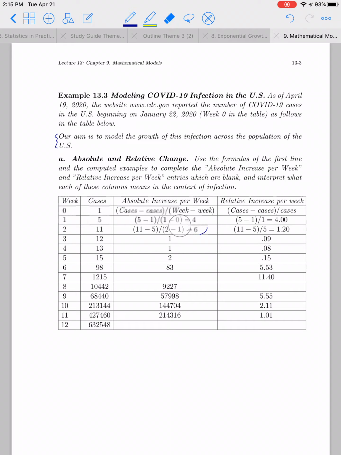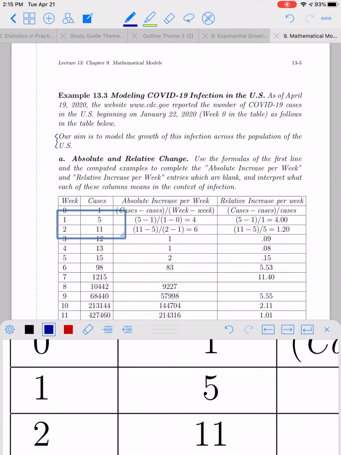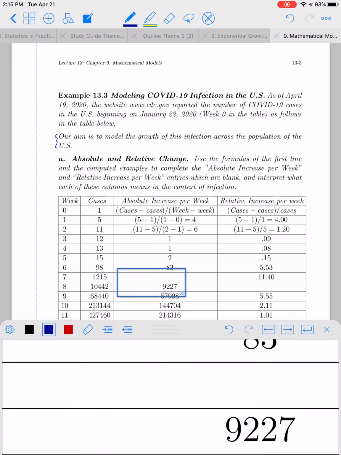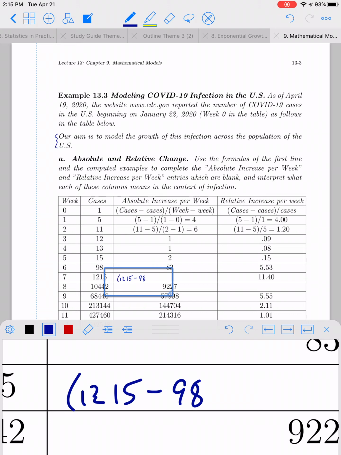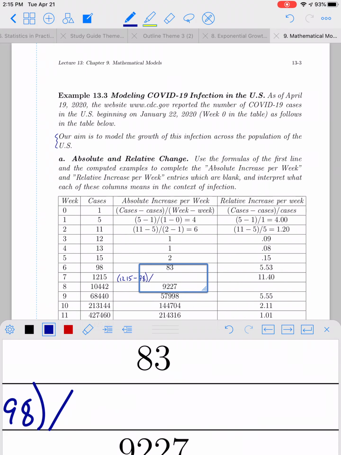We're asked to complete this table wherever it's blank. So we come down here and we have 15 cases in week 7 minus the 98 that there were in week 6. We divide that by week 7 minus week 6, which is just 1.